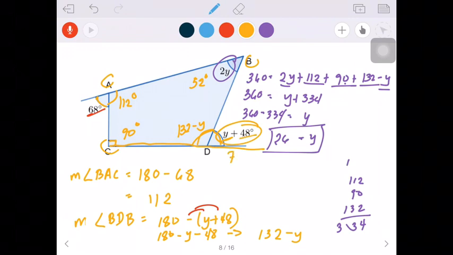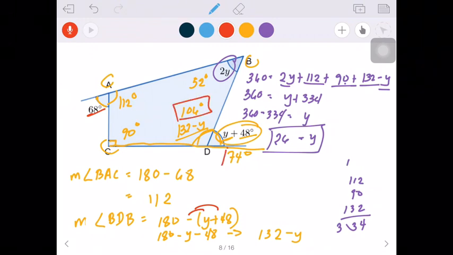This becomes 74 degrees. But we also have something inside, 132 minus y. If we solve for that, 132 minus 26 becomes 106 degrees. Now, take note that 106 should be supplementary, or a linear pair, to 74, which by inspection is yes, it's supplementary. And I leave you the checking of whether it's 360 or not.